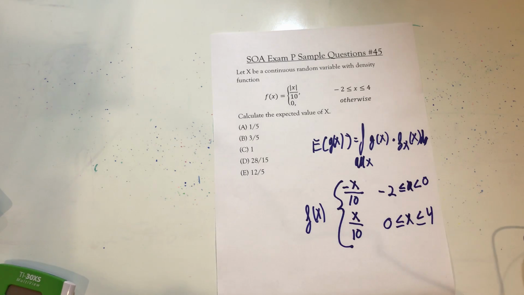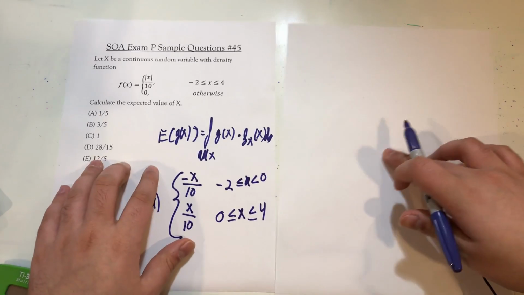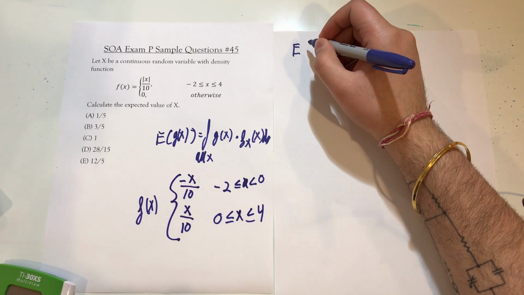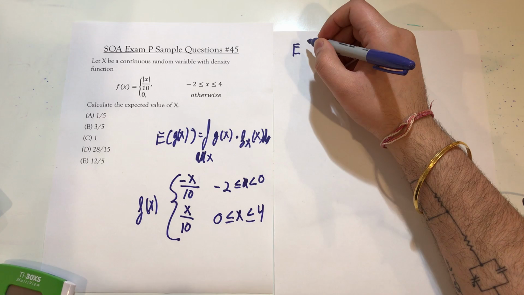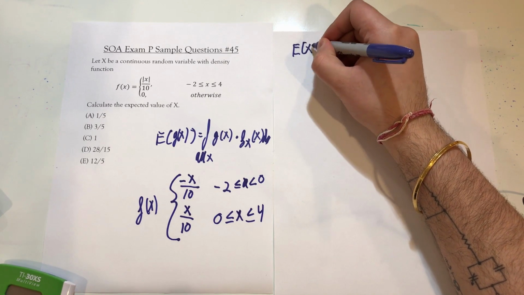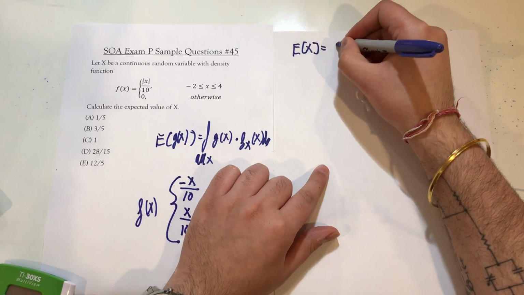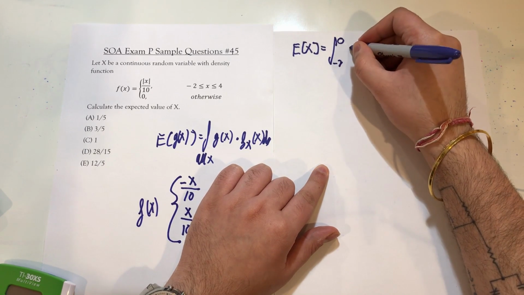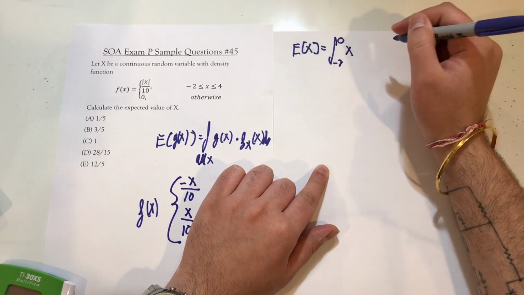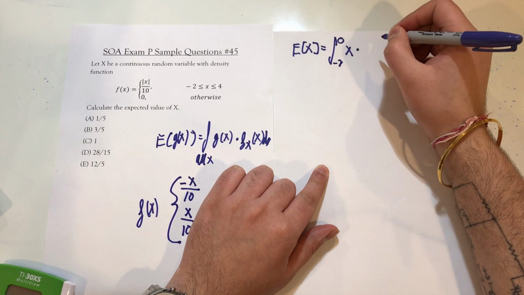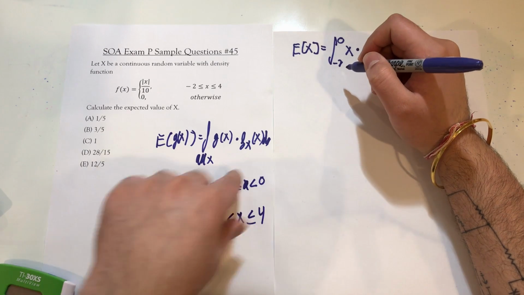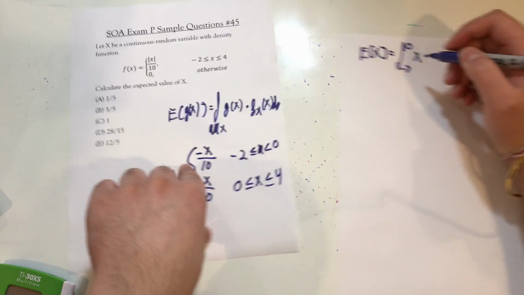So now let's calculate the expected value. The expected value would be split up into two cases. So the integral from -2 to 0 of x, the thing in here, multiplied by the density function. Now the density function from -2 to 0 is negative x over 10.